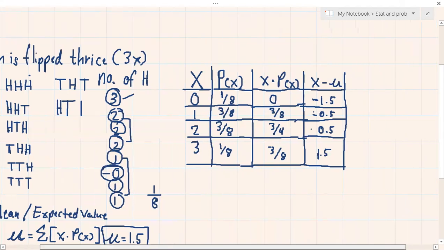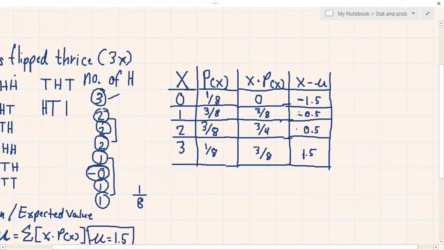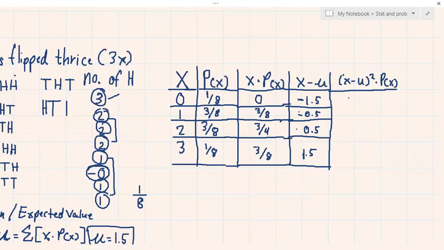Now, let's proceed to the last column. Last column natin is the product of the square of x minus the mean times p of x. Ayan. There you go. So dito, I'm gonna use calculator. Okay. So hold on for a second.